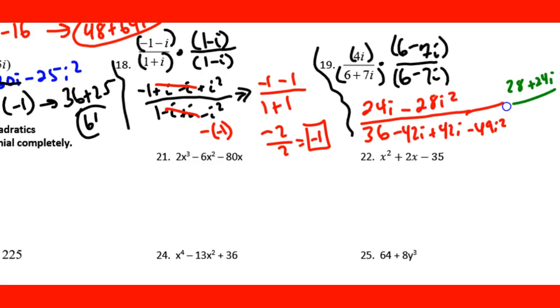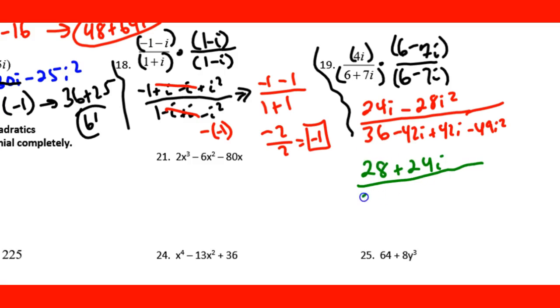Now at the bottom, I have 36. Let me make more space. So again, i squared is negative 1, so negative 1 times negative 28 is 28 plus 24i. Now we have 36 negative 42i plus 42i, and that cancels.